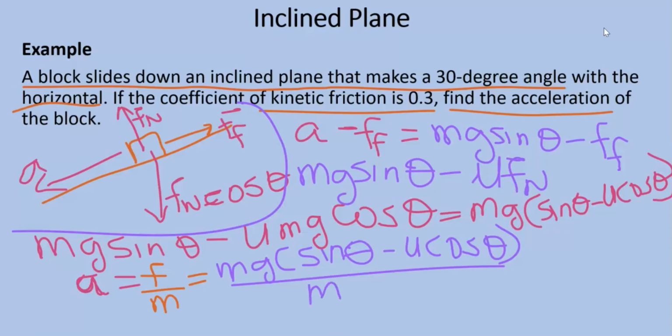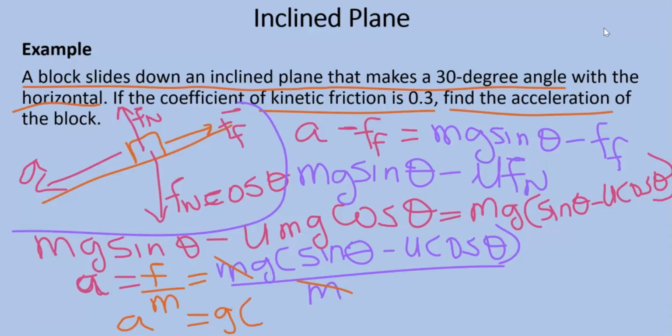So this m cancels out, and that leaves us to have just A equals g bracket sine theta minus mu cos theta.